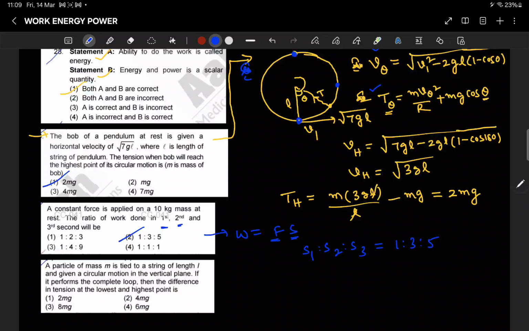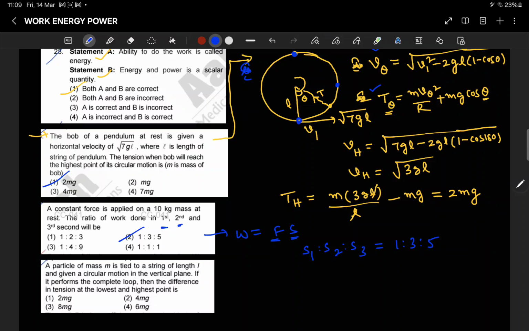Very important: in vertical circular motion, at the highest point the tension is 0 but velocity is not 0, students.